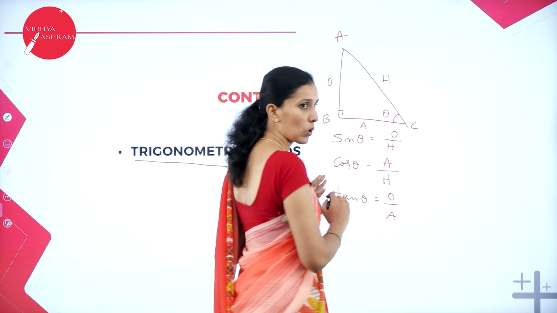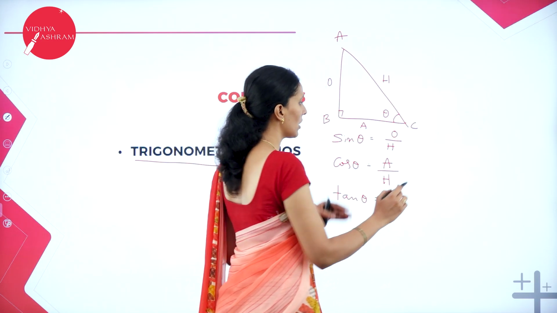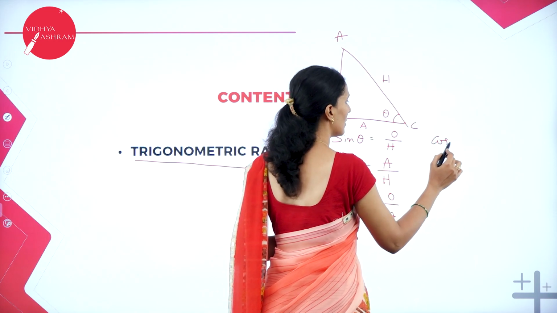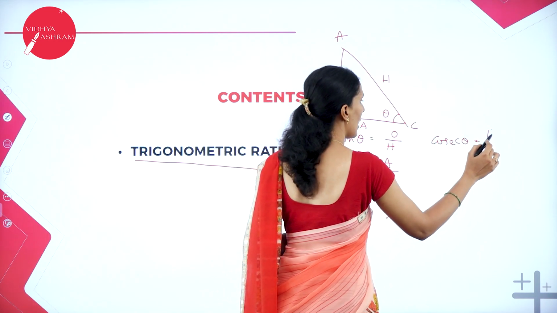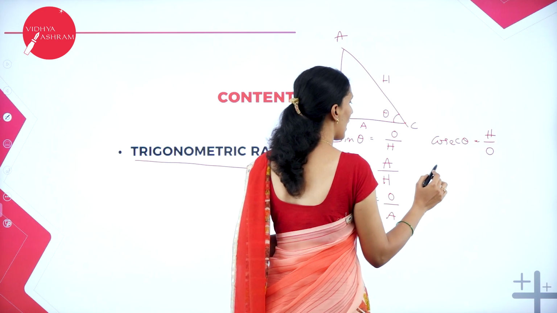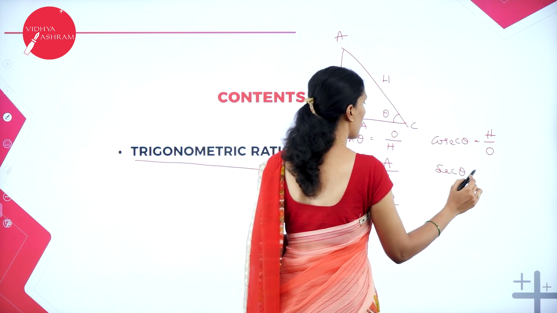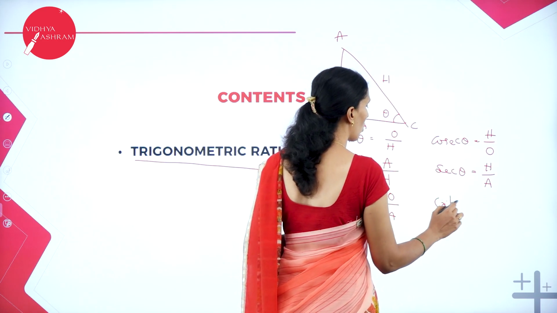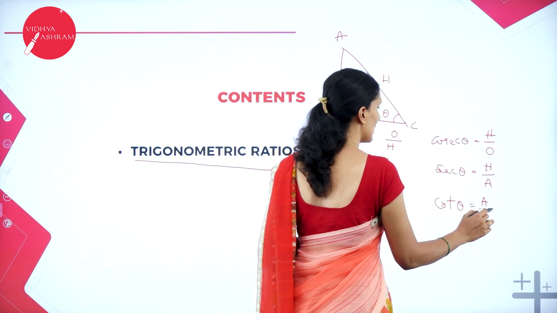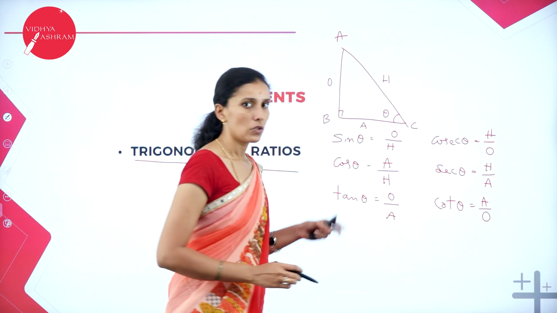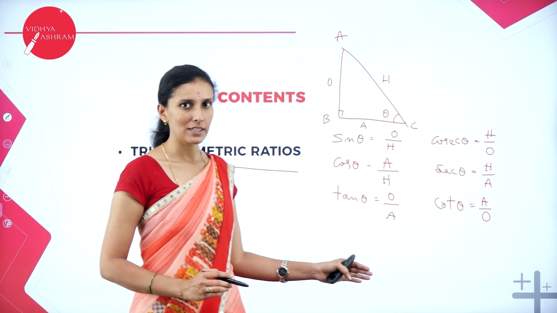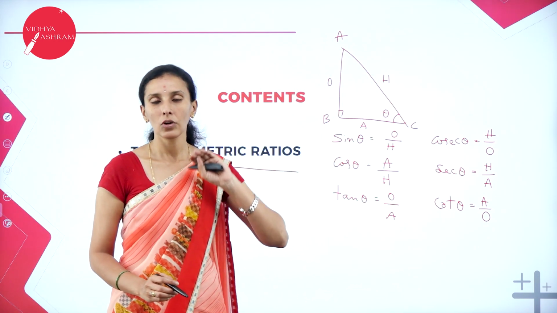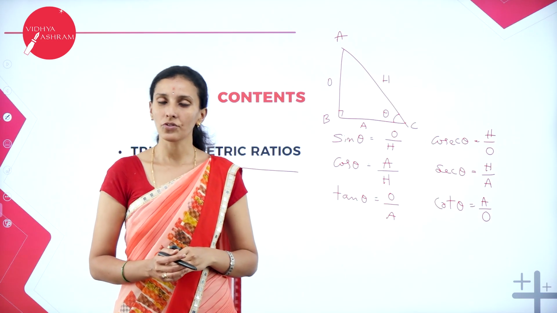And the reciprocals of the other trigonometric ratios: cosec theta is hypotenuse by opposite, secant theta is hypotenuse by adjacent, and cotangent or cot theta is adjacent by opposite. These are the ratios you have studied taking theta as an acute angle in a right angle triangle.